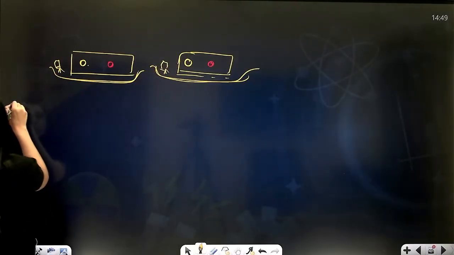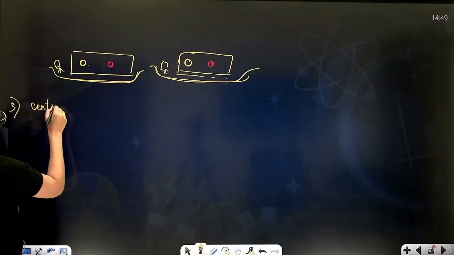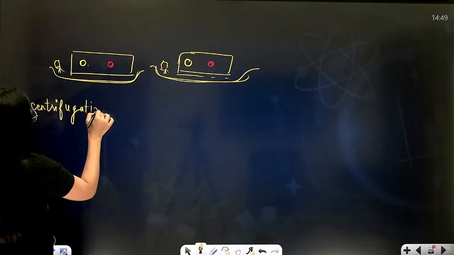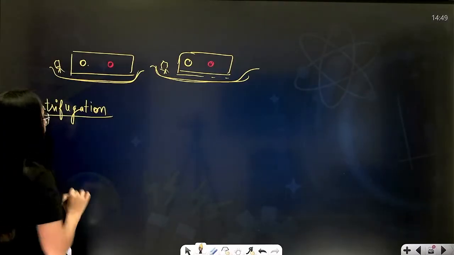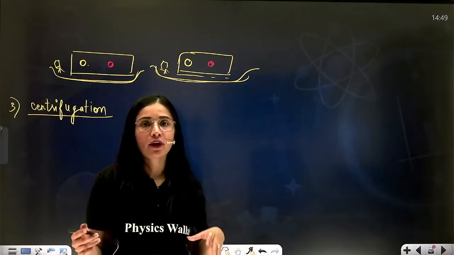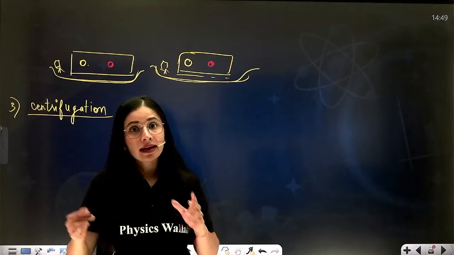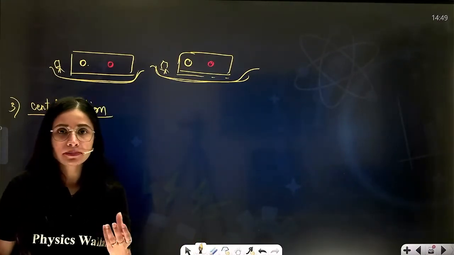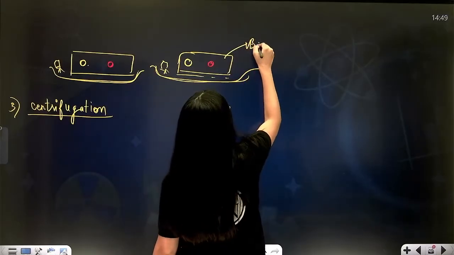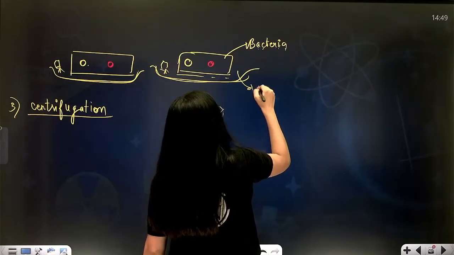Now the third step is centrifugation. Centrifugation means in a medium of cesium chloride, you are going to measure the density of the E. coli and the supernatant. Supernatant is basically the medium. So now this is my bacteria, right? And this is my remaining medium.